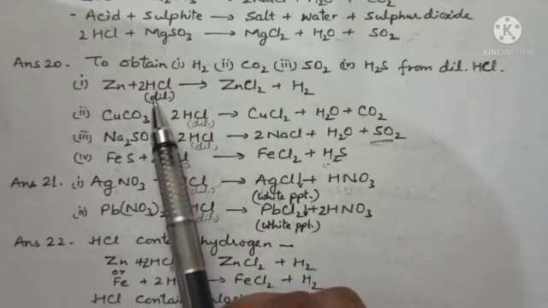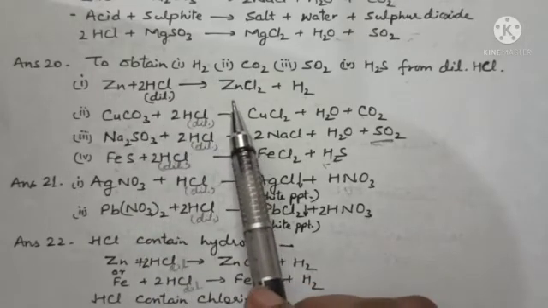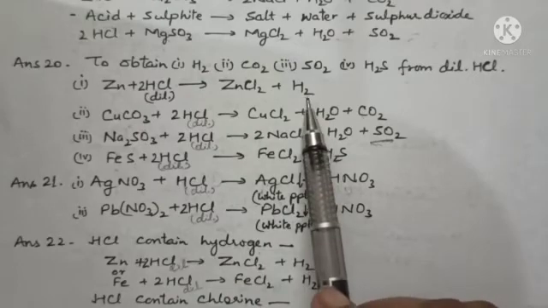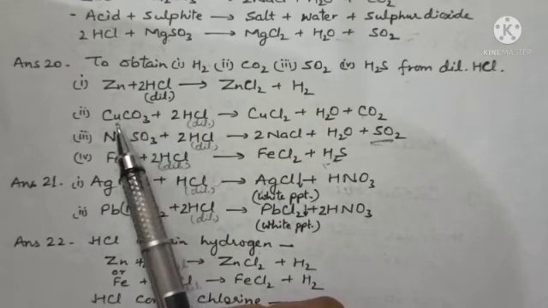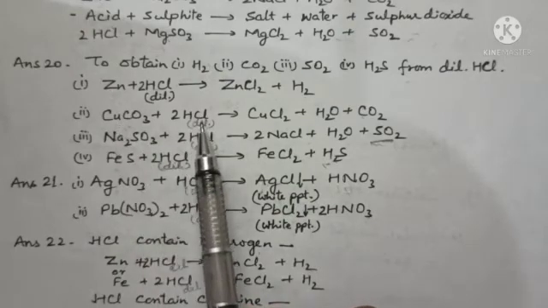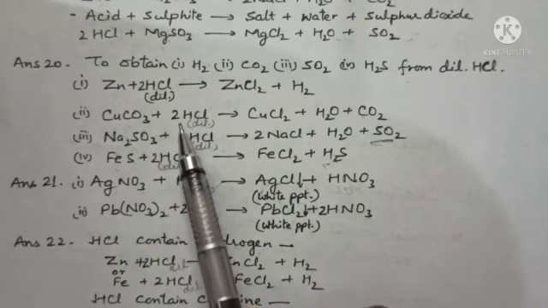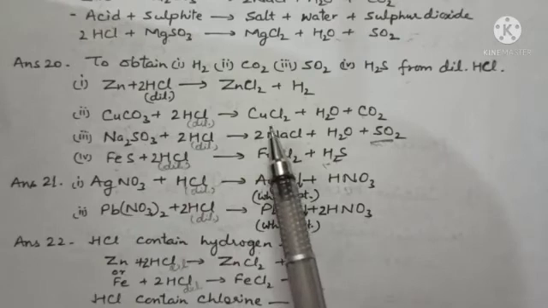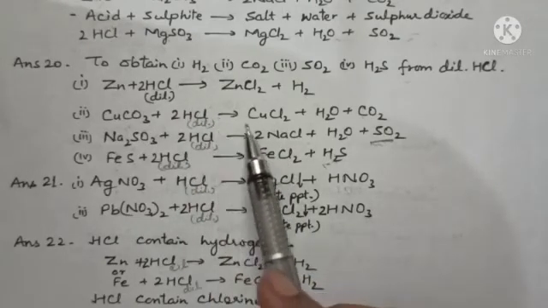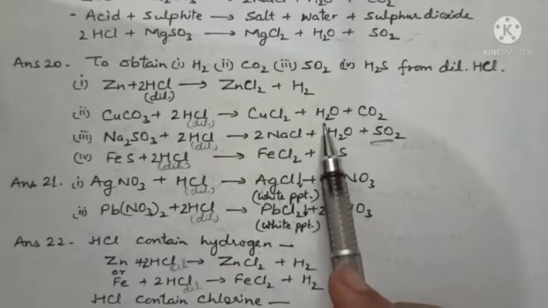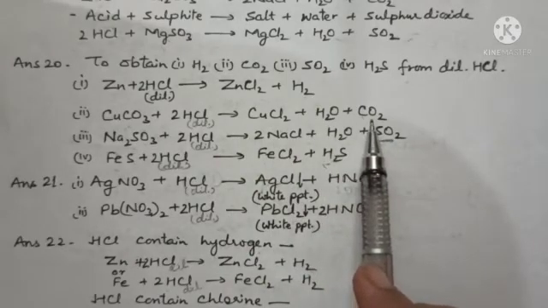When it reacts with dilute hydrochloric acid, it gives you zinc chloride and hydrogen gas. How will you get carbon dioxide gas from copper carbonate? You can give this balanced equation: copper carbonate reacts with 2HCl, dilute hydrochloric acid, and gives you copper chloride, water, and carbon dioxide gas.